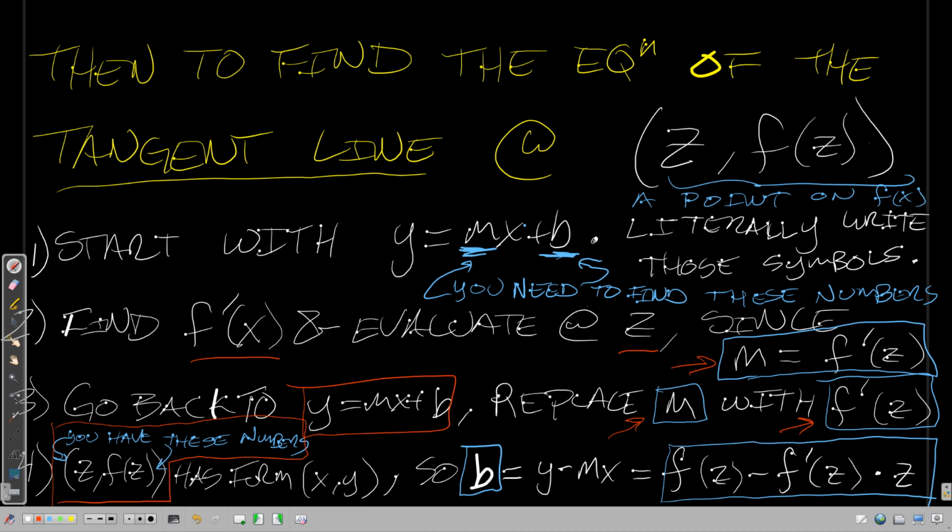That point is z comma f of z. Both of those are numbers. And it has the form of x comma y. So use those values x comma y right here and here. M is a number you just found. Then this is the difference of two numbers, which is equal to b, the last thing you were trying to find.